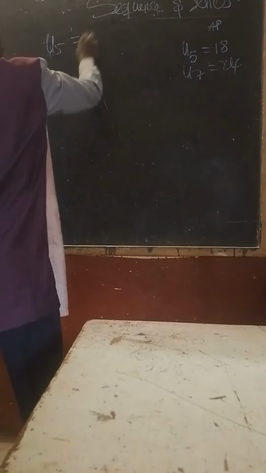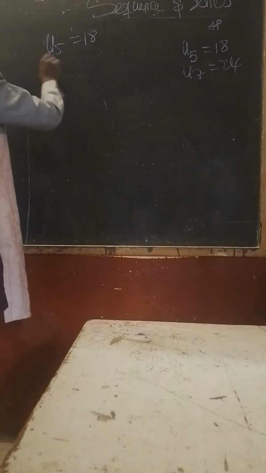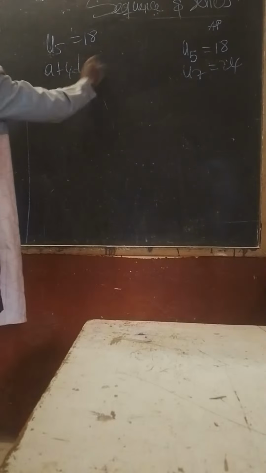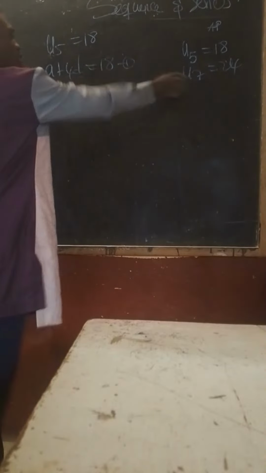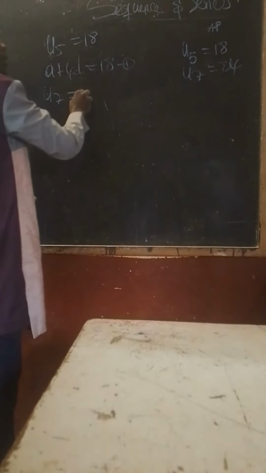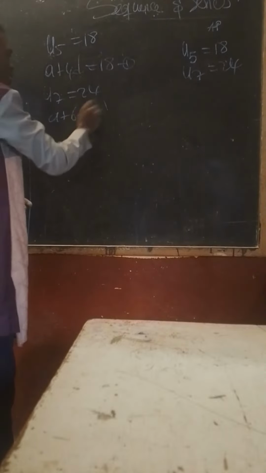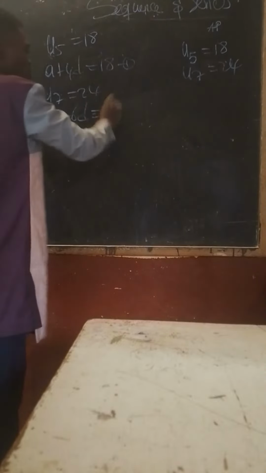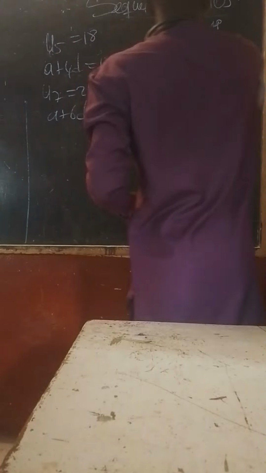U5 is 18. It means that A plus 4D is 18, equation 1. Now U7: A plus 6D is 24, equation 2. Now you solve equation 1 and equation 2 simultaneously.